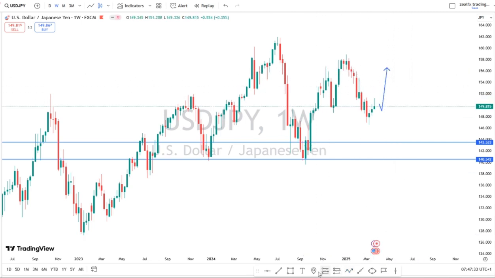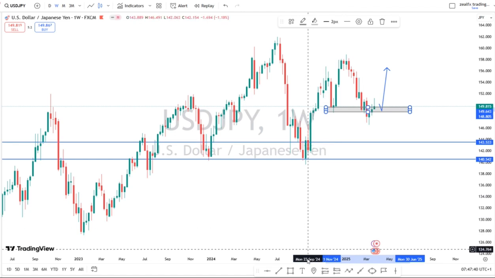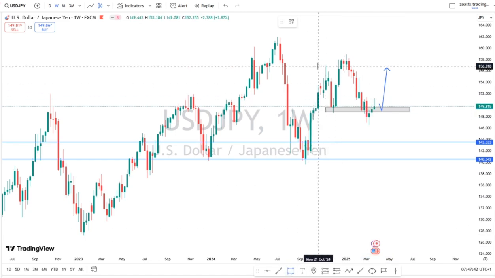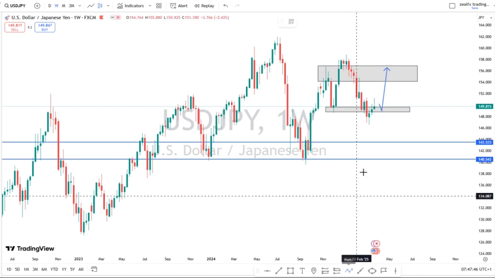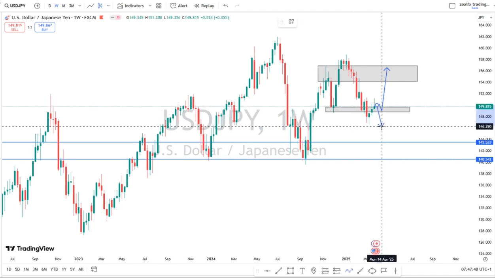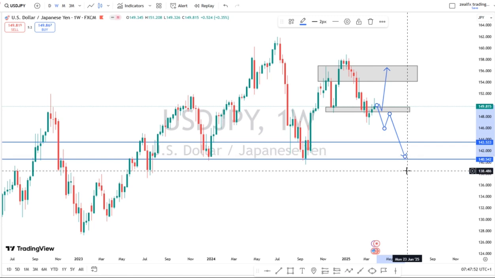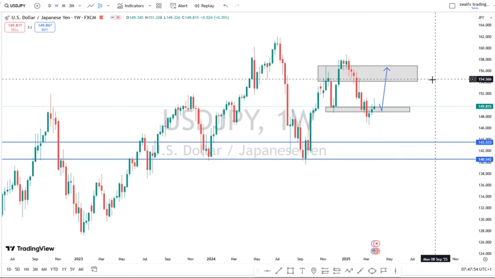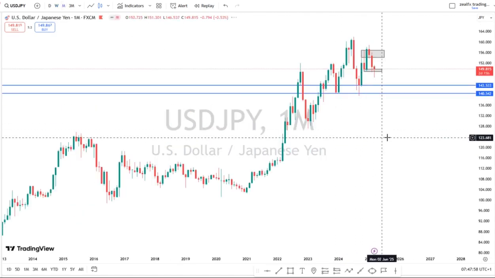So we're expecting a buying opportunity from this level to this next resistance level. Then if price breaks this support level, we expect price to continue to push lower for the USDJPY. So let's look at the monthly chart of the USDJPY.